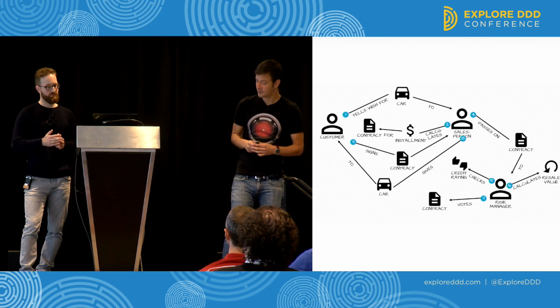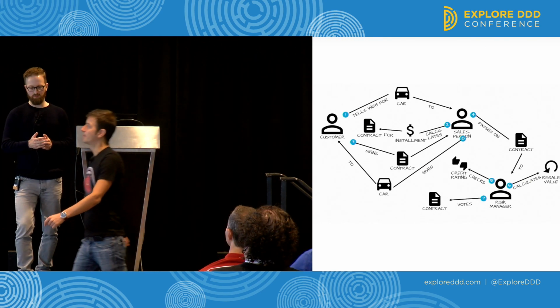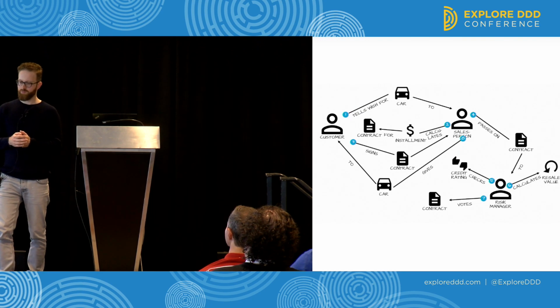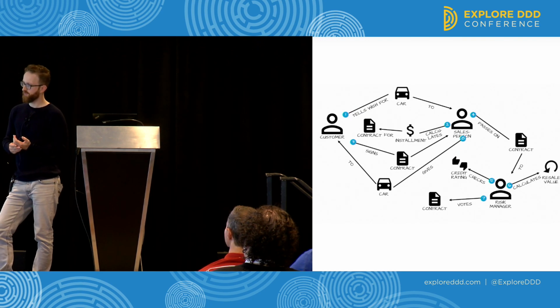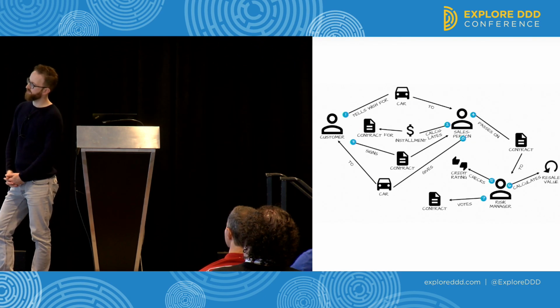And what we can see here is a contract that's, of course, central for leasing. The leasing contract happens to appear a lot of times in this story, and a lot of different things are done with it. There are a lot of different activities.